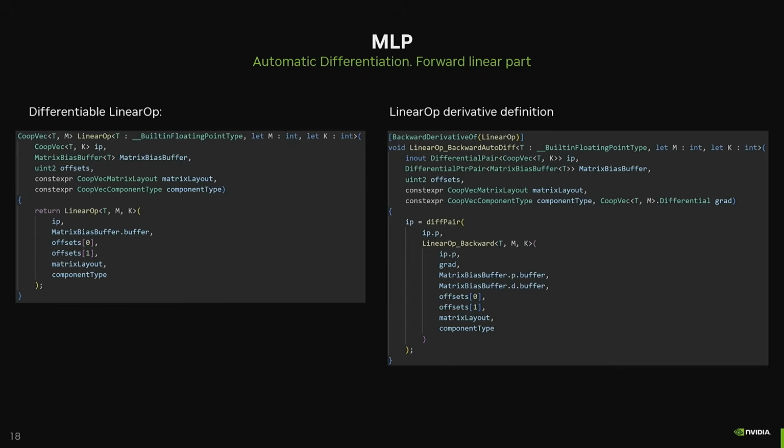So now we have a differential pair as an input, and we have a differential pointer pair. That is where we store our buffers, because we calculate derivatives by the parameters of the network and they are stored in the buffer. Again, we return a differential pair of the original input and the result of the backward step.